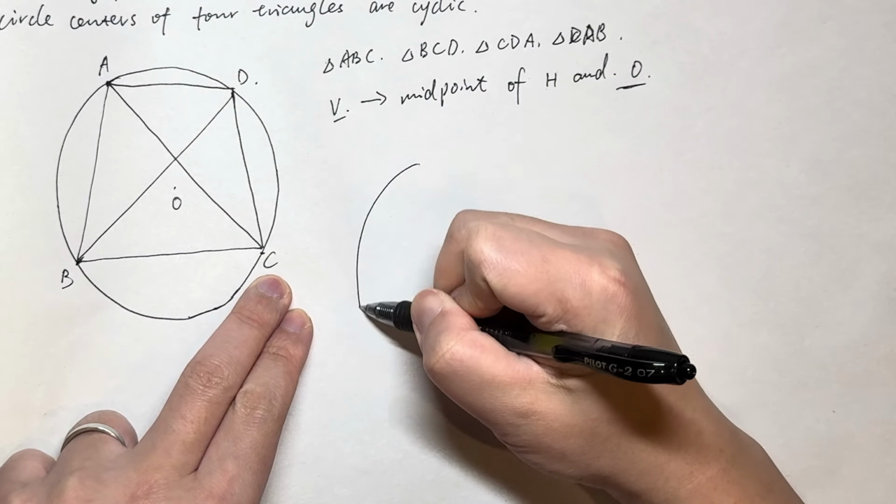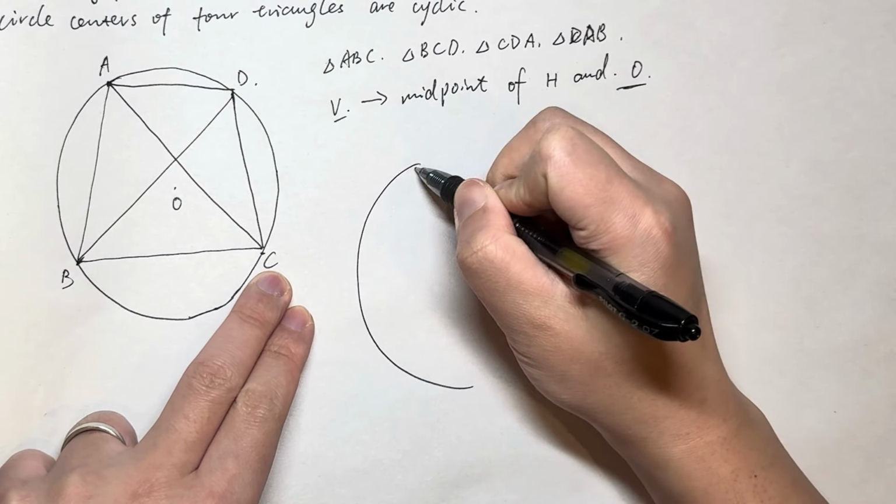Let's draw the circle first. We have a unit circle here, and we can choose any 4 points. So let's say A is (x1, y1), B is (x2, y2), C is (x3, y3), and D is (x4, y4).